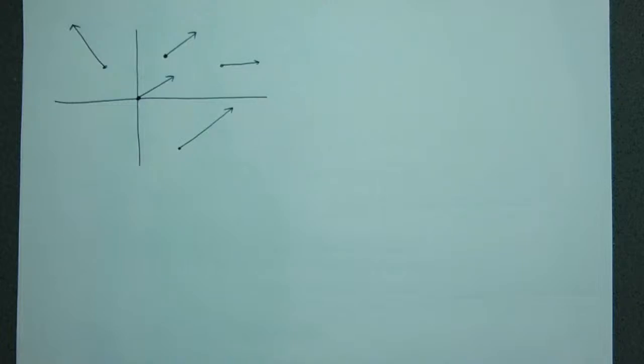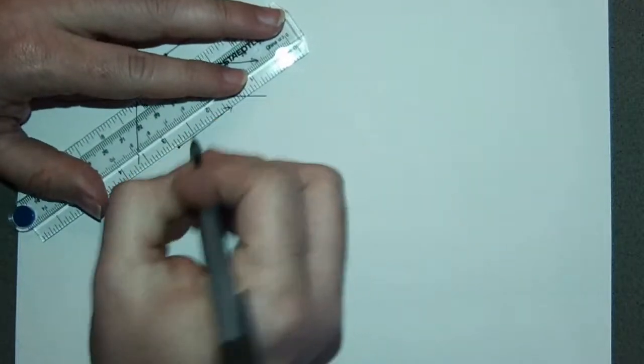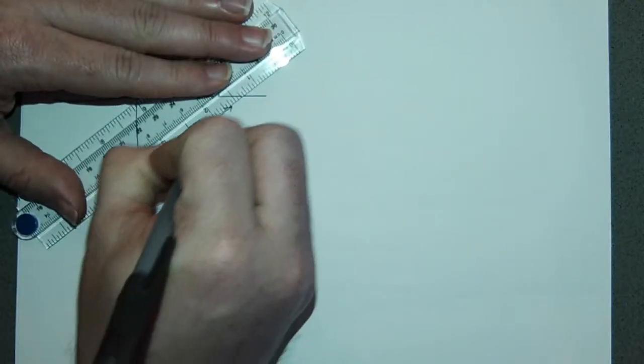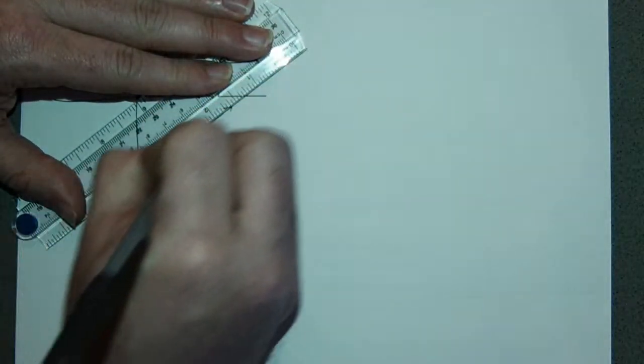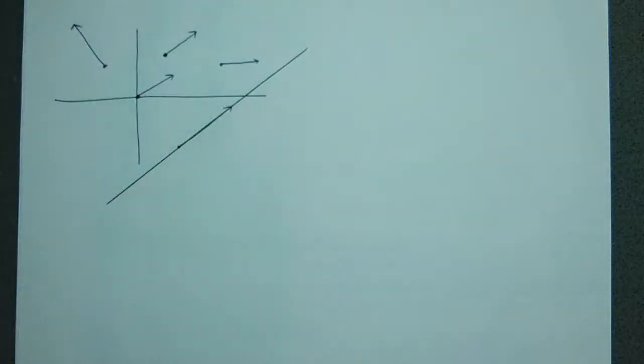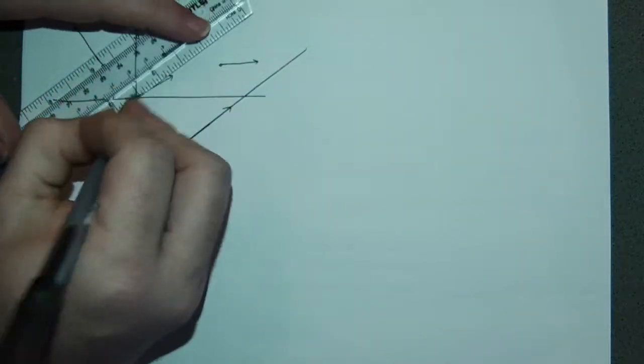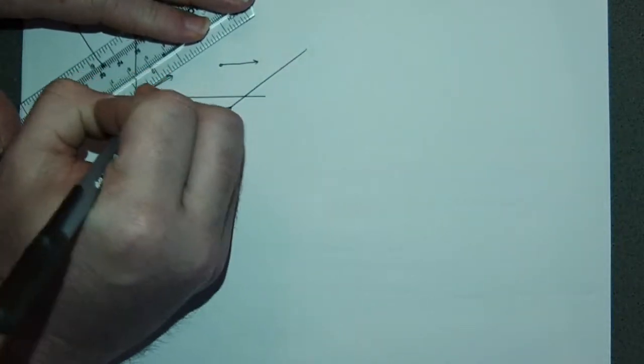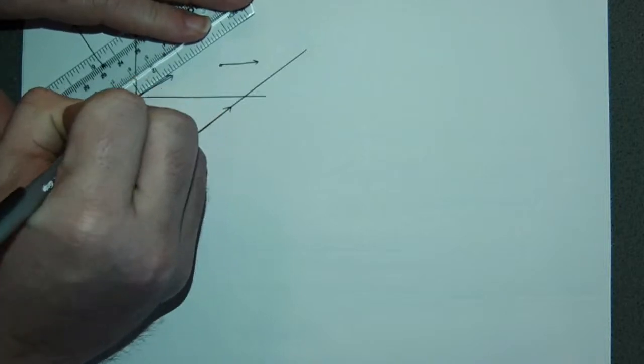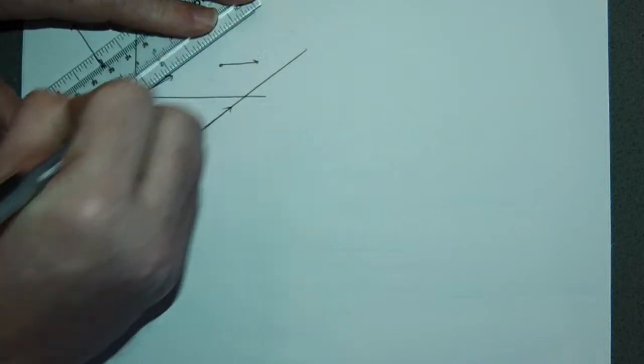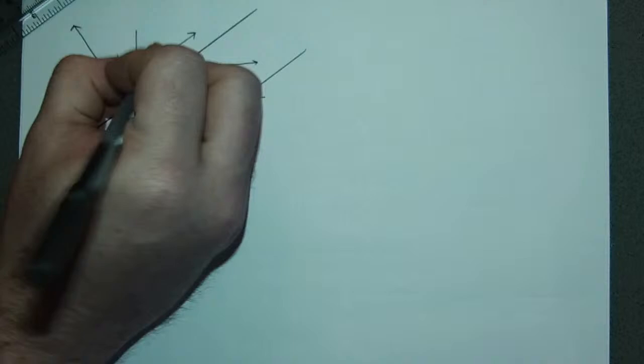The answer is no, they're not. So what we mean when we say parallel is, here's a bunch of vectors. Imagine that we took them and extended these vectors into lines in the plane.